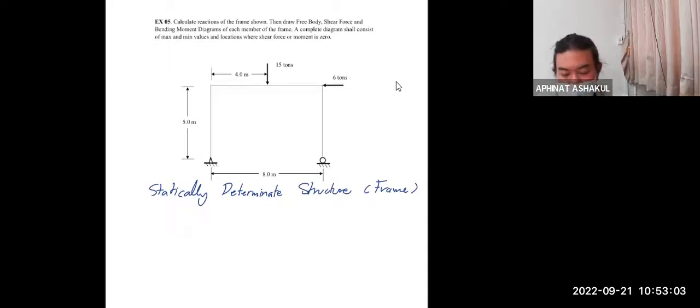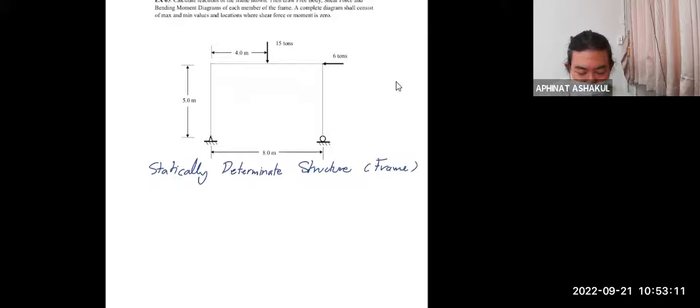And when I see things like this, I would love to use superposition right away, because I can see that you have a frame. I can break it down into a frame like that, with that 15, right? Plus another one.